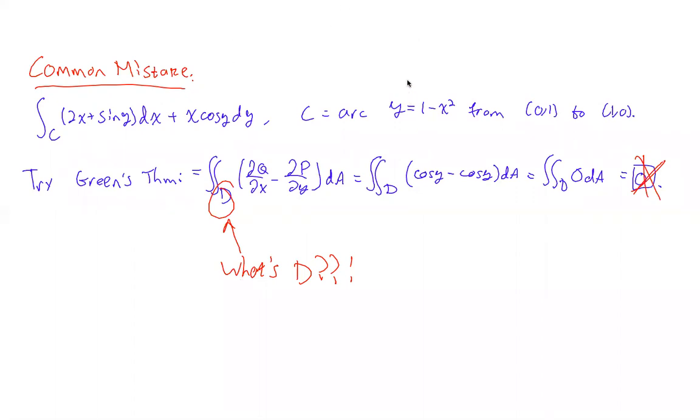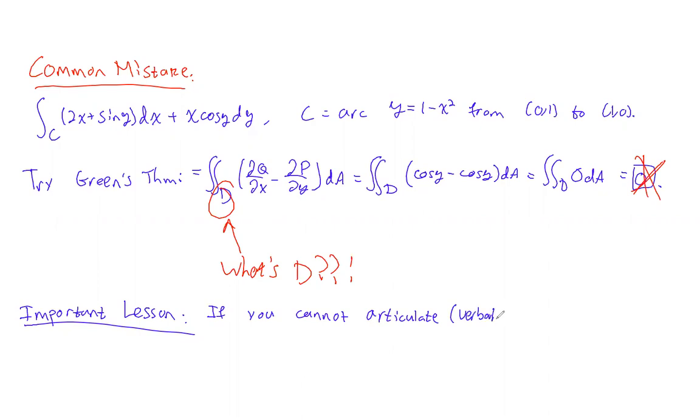The important takeaway here, the important lesson to be learned, and I'm going to return to this over the course of the remainder of the summer: if you cannot articulate, i.e. verbally describe, to yourself the region or the curve or the domain you're integrating over, then do not integrate.